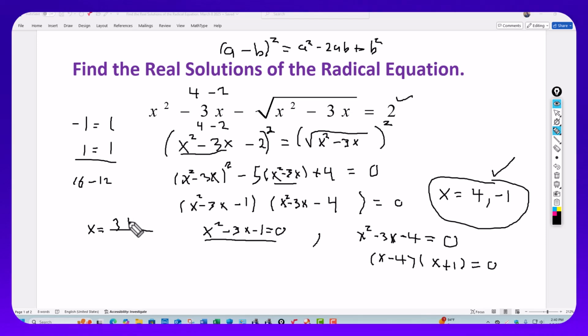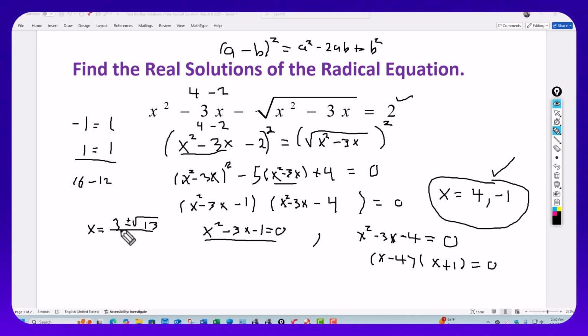3 plus or minus the square root of 13 over 2. So one solution is 3 plus the square root of 13 over 2.